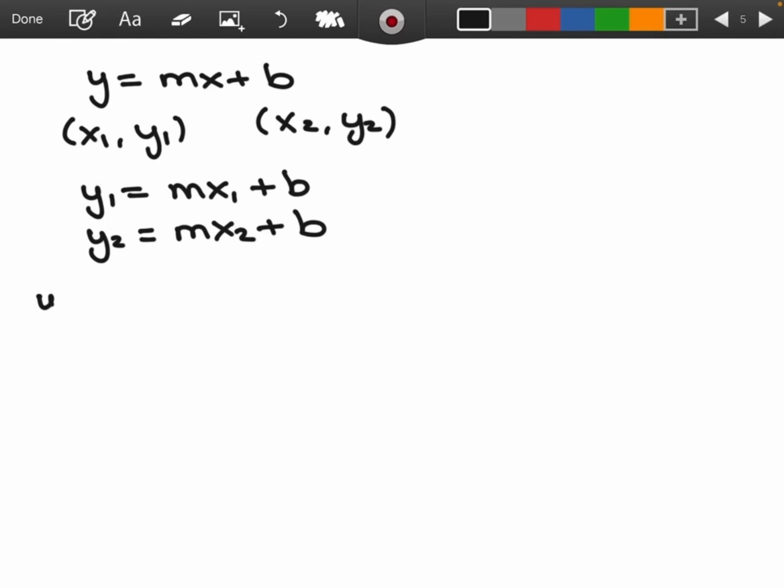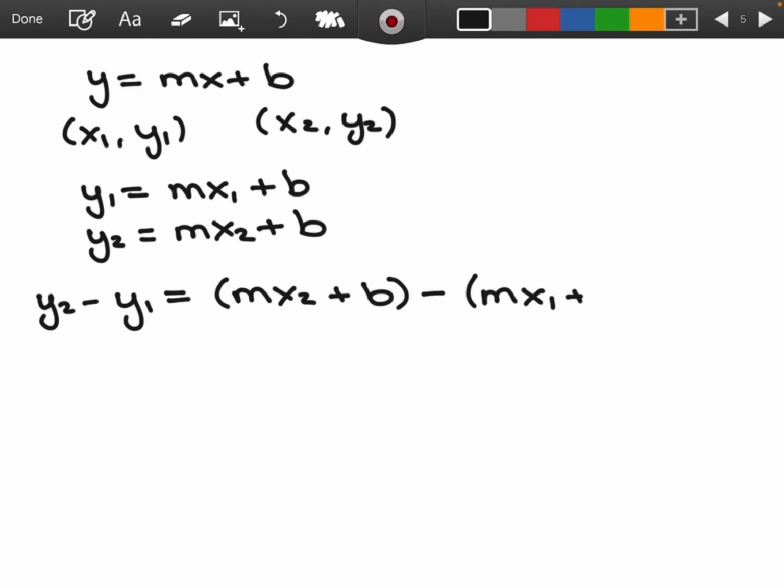Okay. What I'm going to do, and this seems kind of a strange thing to do, but we're going to go with it. If I do y2 minus y1, what's another way of writing that? Well, I can do my y2 term, which was mx2 plus b, minus what I had for y1.